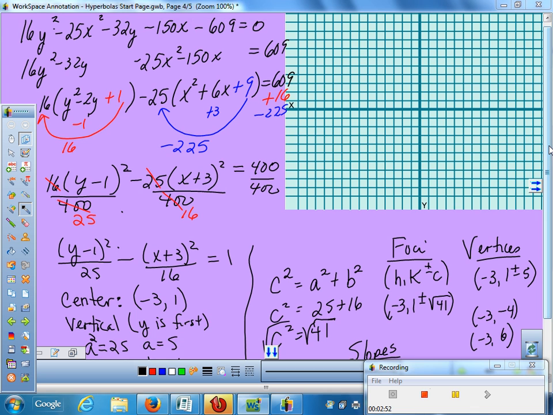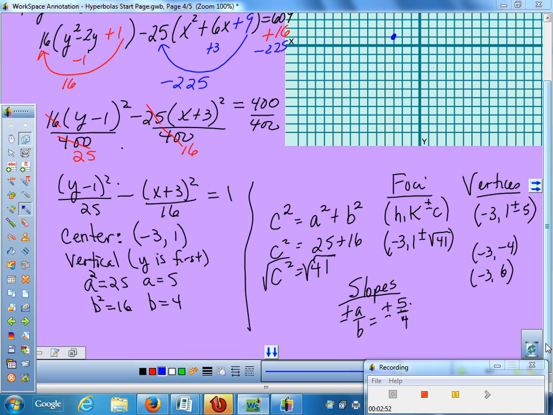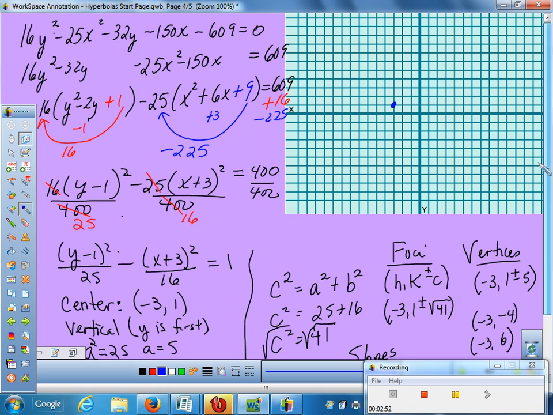Okay, graphing time. What did it say you should do first? Center. So center is -3, 1. We have a center. Now this is the part that seems weird. Now the asymptotes, using their slope. You know asymptotes go through the center, so that's your start point. Our slopes were 5/4. So if I do rise over run, I'm going to rise 5 and run 4.